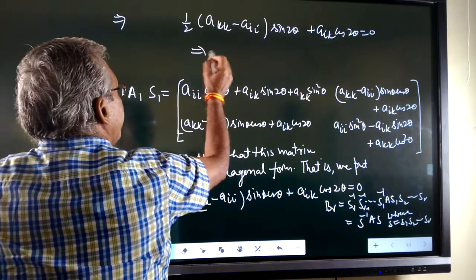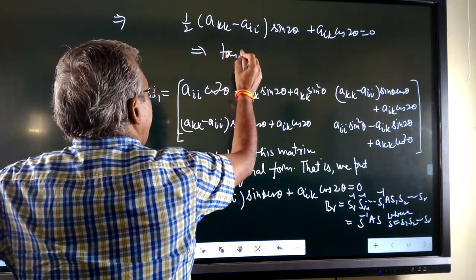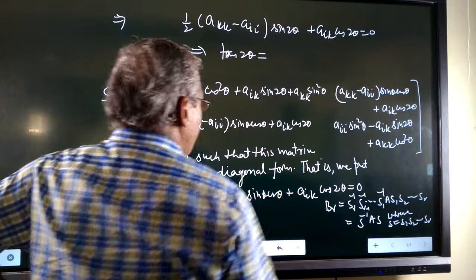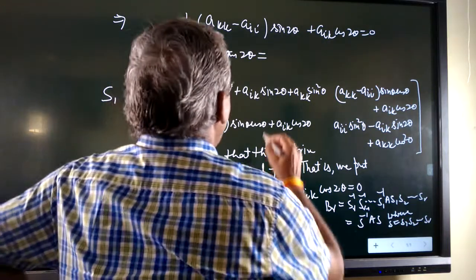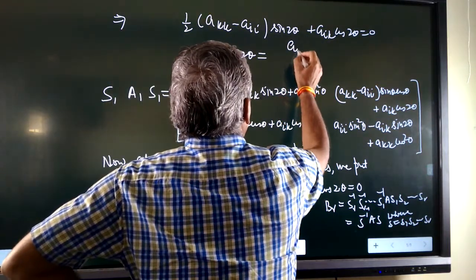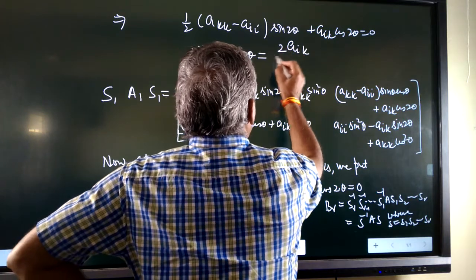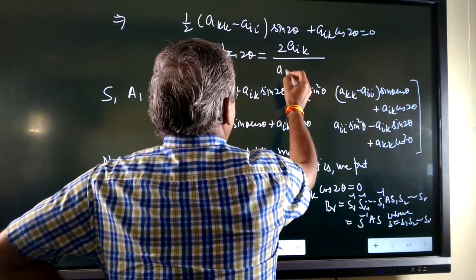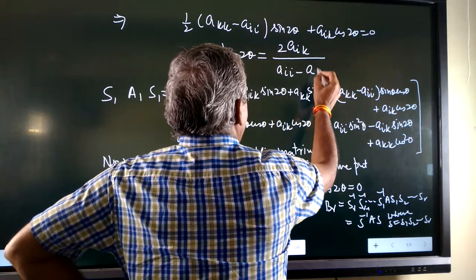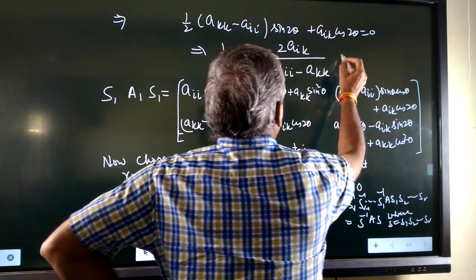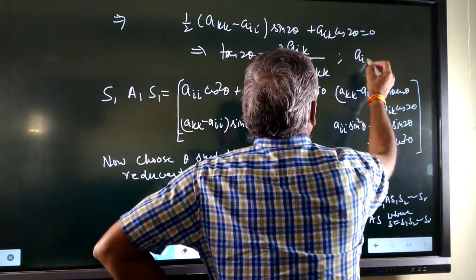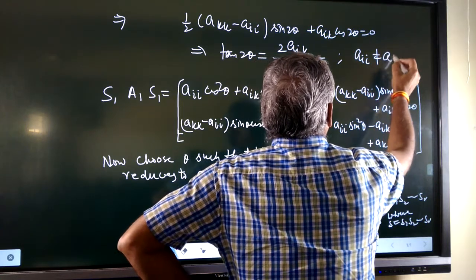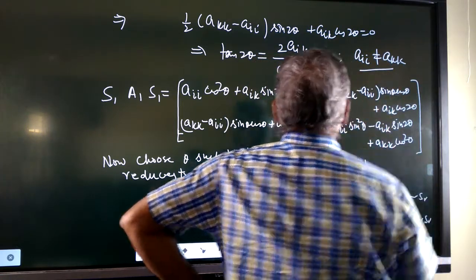This can be written as tan 2 theta equals 2 times Aik upon Aii minus Akk, where Aii is not equal to Akk.